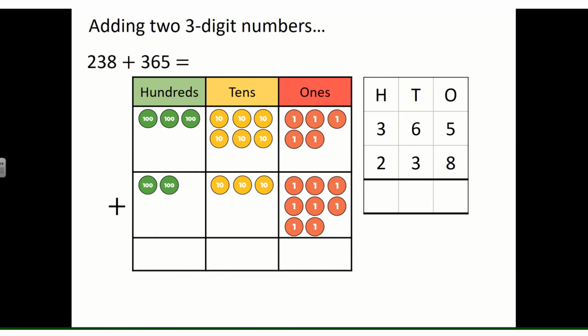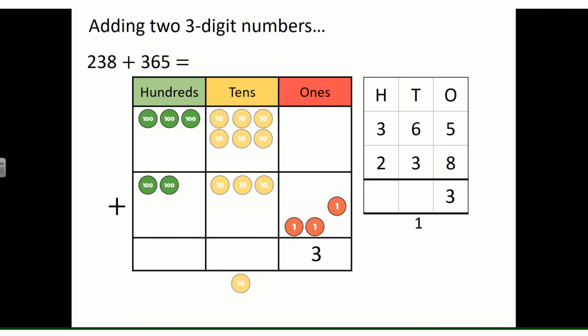Can't have 13 ones in my ones column, so I can exchange 10 of them for a 10. And I represent this in my column addition by showing that one that I've exchanged there in the tens, and now there are 3 ones left in the ones column. If I have a look at my tens column now, I have 6 tens, 3 tens and 1 ten, which gives me 10 tens.